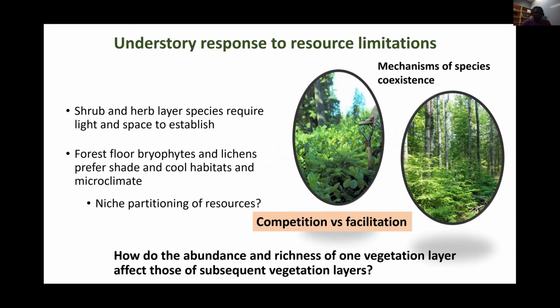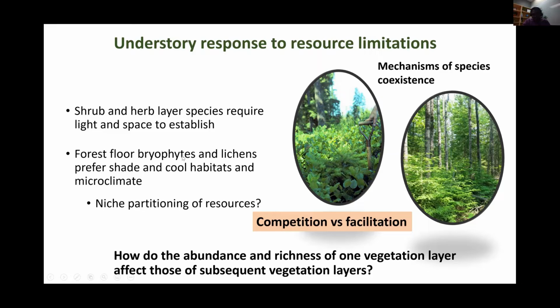And we look in the understory again, looking at the resource limitations imposed by the layering of the upper canopy. You can consider the shrub layer species, the herb layer species. They like the light. They like unshaded conditions, so they can grow fast and tall.